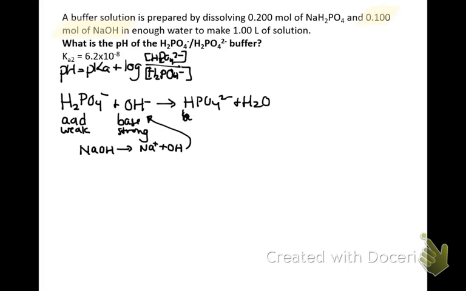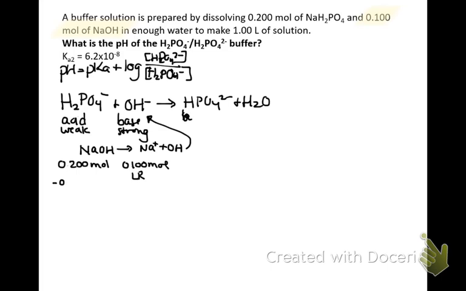We start with 0.2 moles of H2PO4 minus, and we said we start with 0.1 moles of OH minus from the NaOH. That means that the OH minus is the limiting reactant.